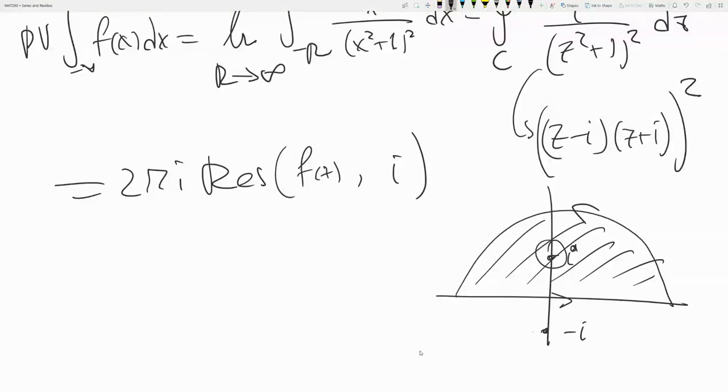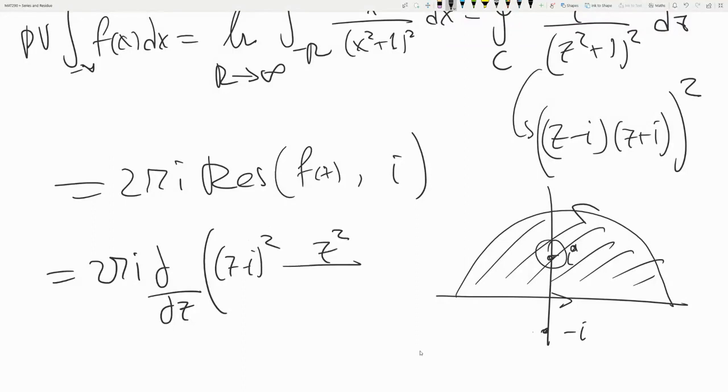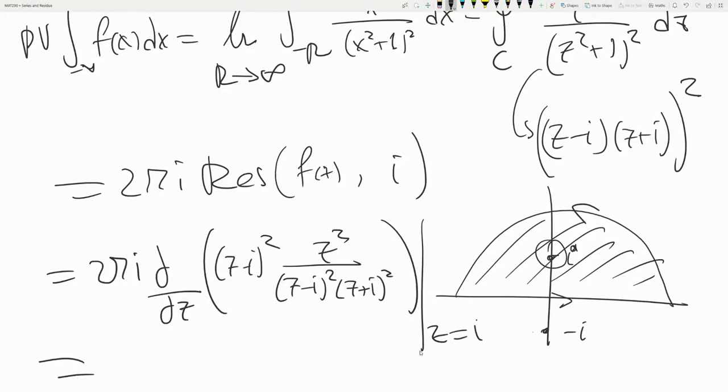Okay? Alright, because I want to keep going with this, let me just write down what you have to evaluate, and I will evaluate for you. So z squared over (z plus i) squared. So you take one derivative because it's order 2, and you evaluate at i, and long story short, you get pi over 2.